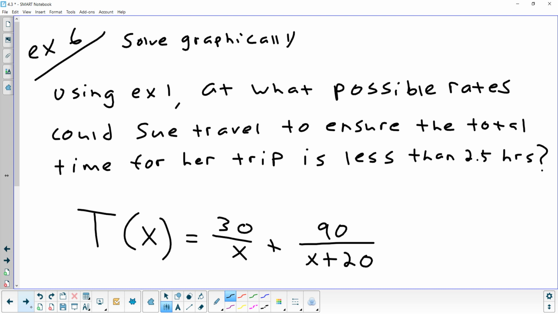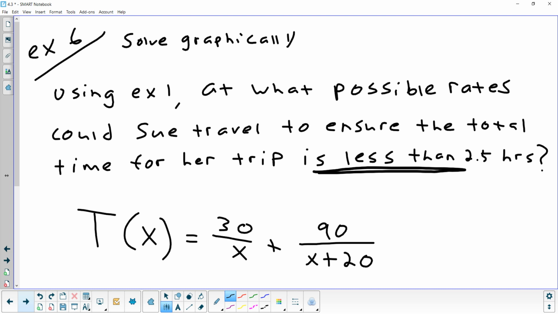All right. So now, the last thing we're going to look at is leading us into problems that have that in them. When a problem has a less than or a greater than, it's not an equation anymore. Does anybody remember what we call it when your problem has a less than? Yeah?